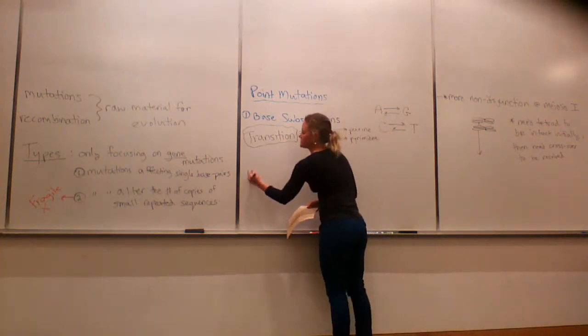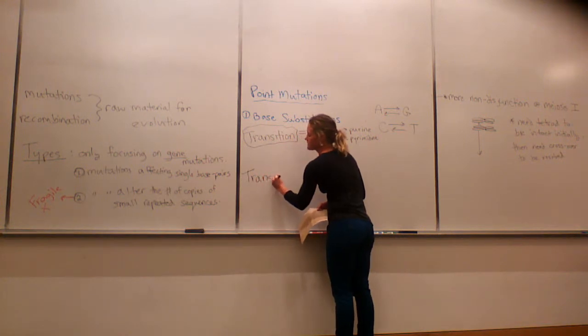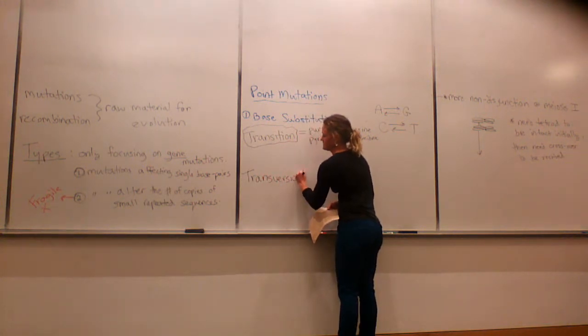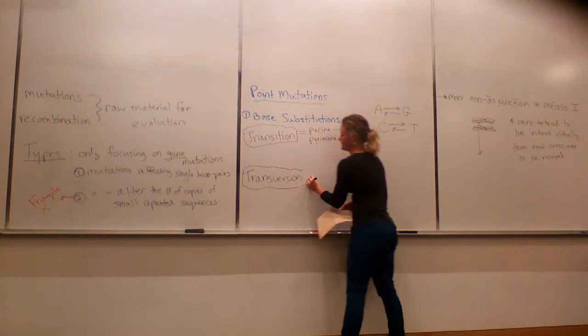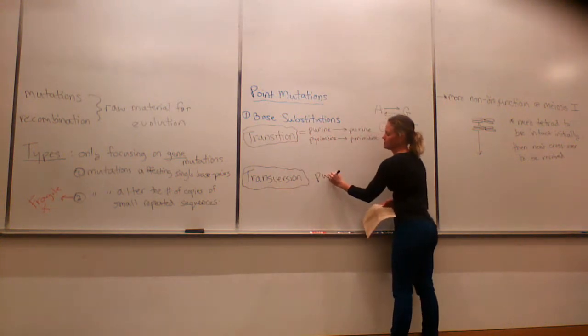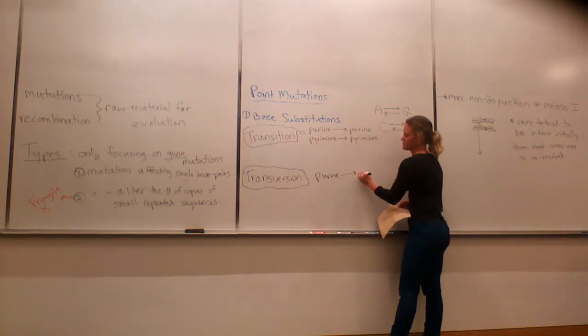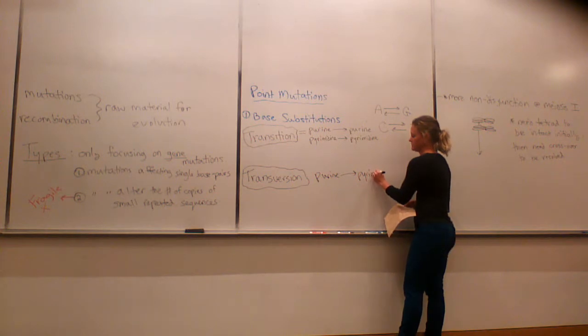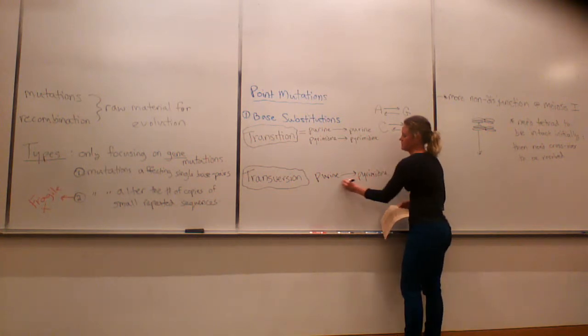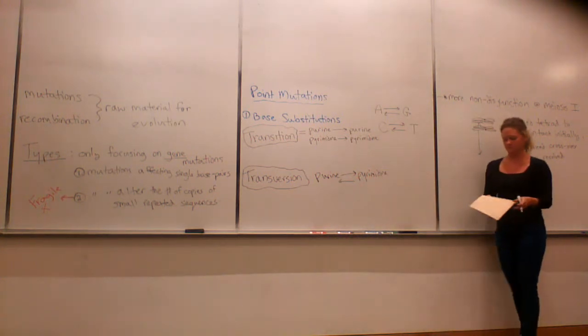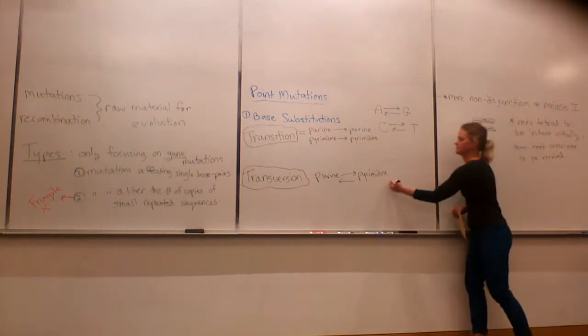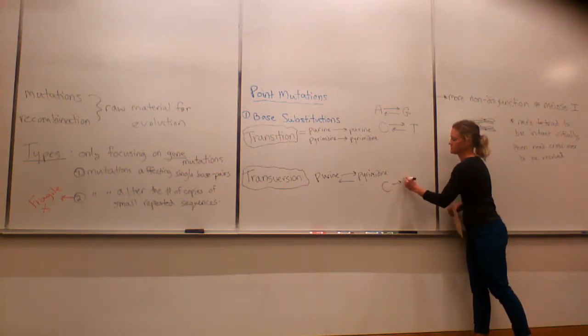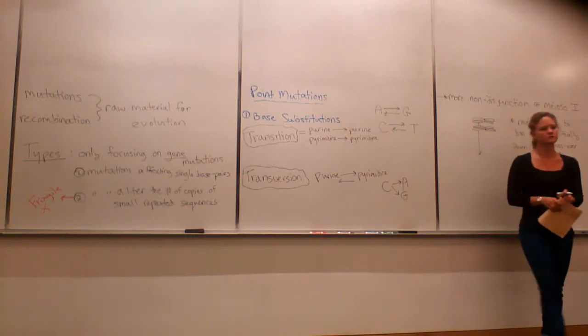So if you're doing a transversion, that's when you have a purine being converted to a pyrimidine, or vice versa. So your C gets changed to an A or a G, etc.